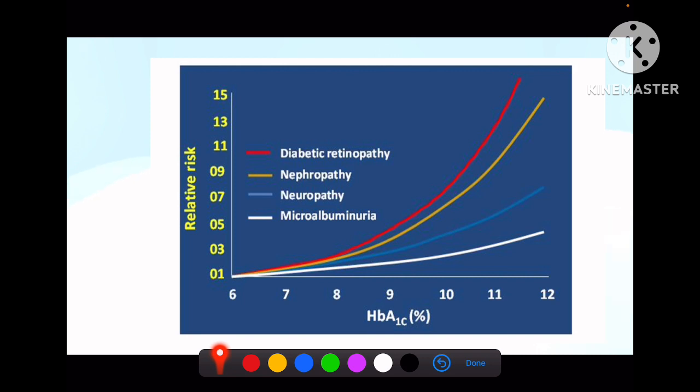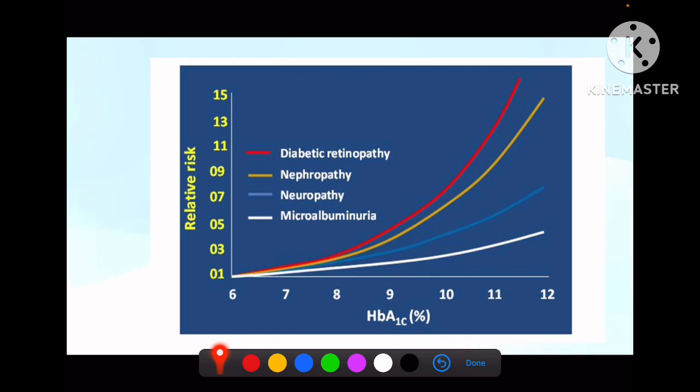From this slide, very important, keep in mind that when the HbA1c is high, all these complications like diabetic retinopathy, diabetic nephropathy, diabetic neuropathy, microalbuminuria, the risk will be sky high. If the HbA1c is less than 8, all these complication risks will be low.